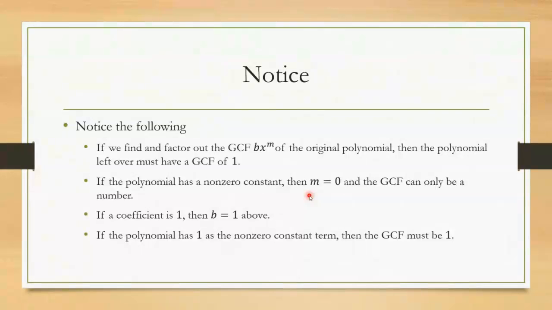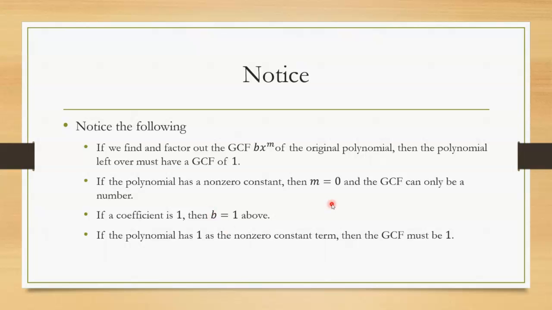The GCF can only be a number. And this is something else that we saw on the previous slide, that if you have a coefficient of 1, that's going to force b to be 1, because the only factor of 1 is 1 itself. So the only common factor you can have is 1.